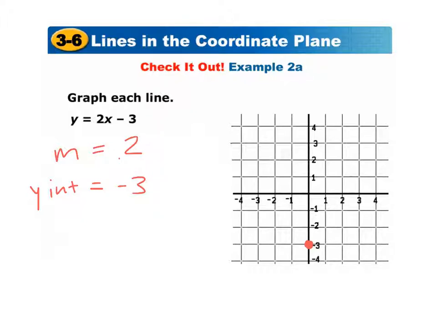And our slope would be 2 over 1, so we have rise over run. So we're going up 2 and over 1. So up 2, over 1, up 2, over 1. That would be our line.